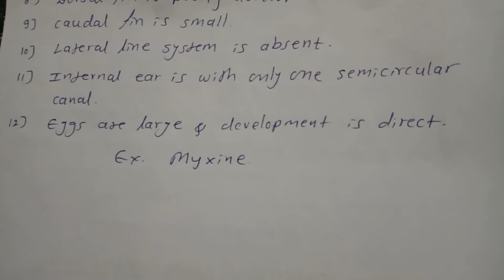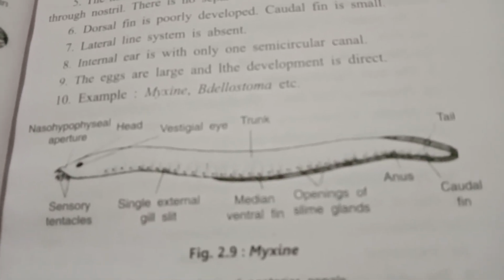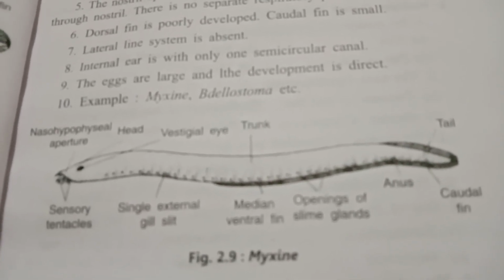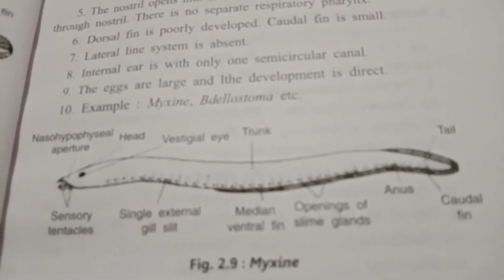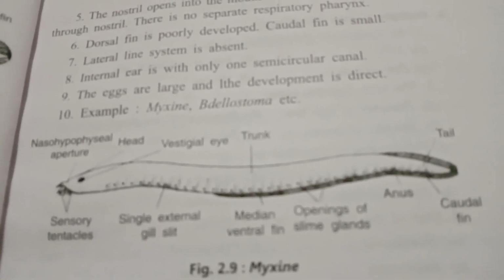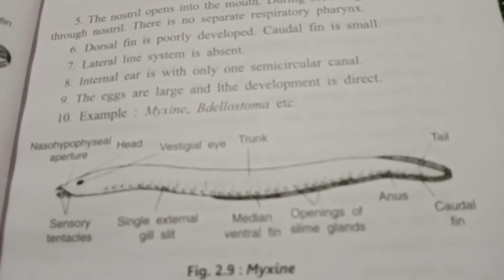Example, myxine. You see the example, that is myxine. The body is elongated like an eel. The body is divided into head, trunk, and tail.